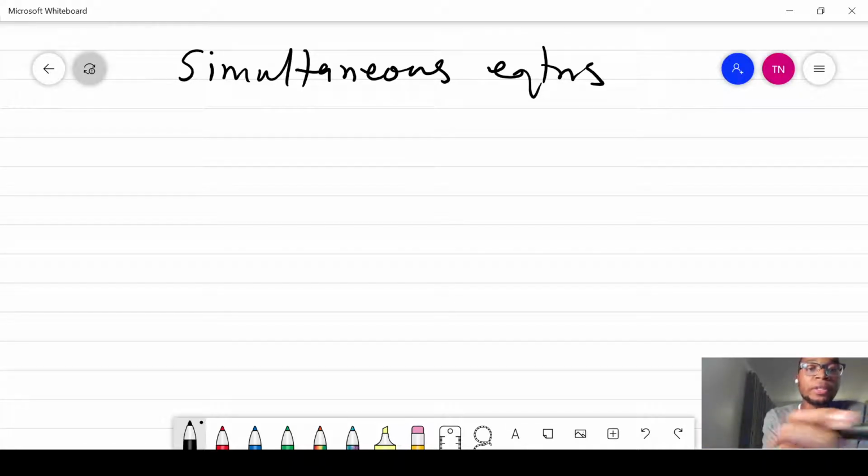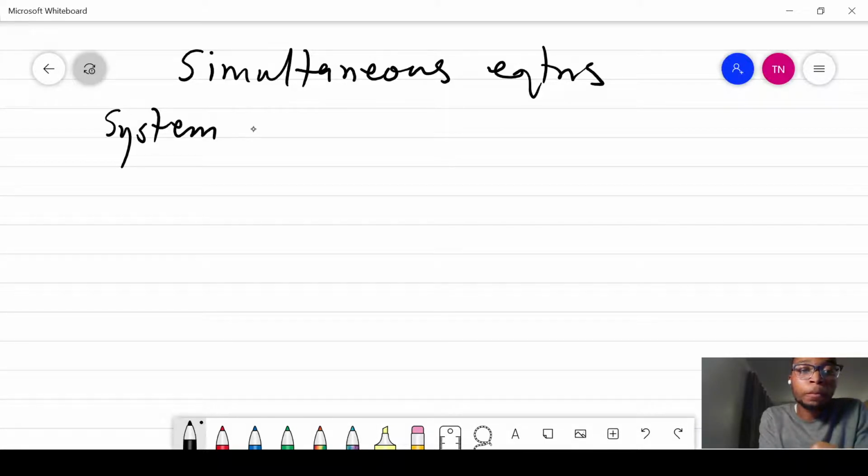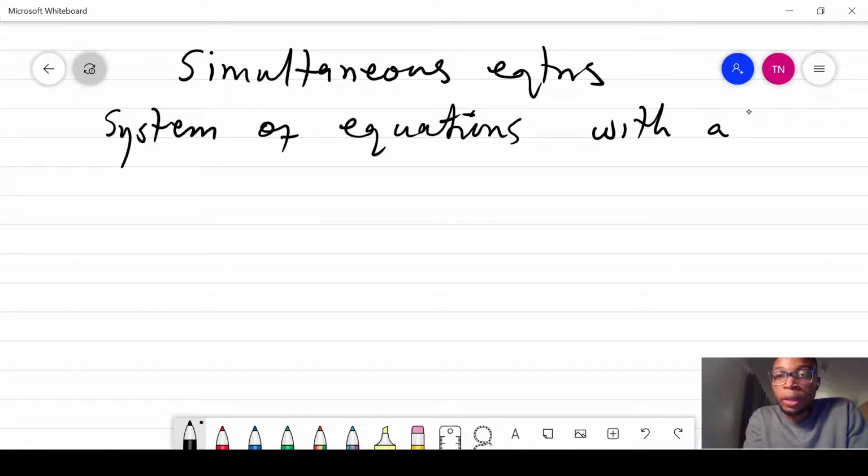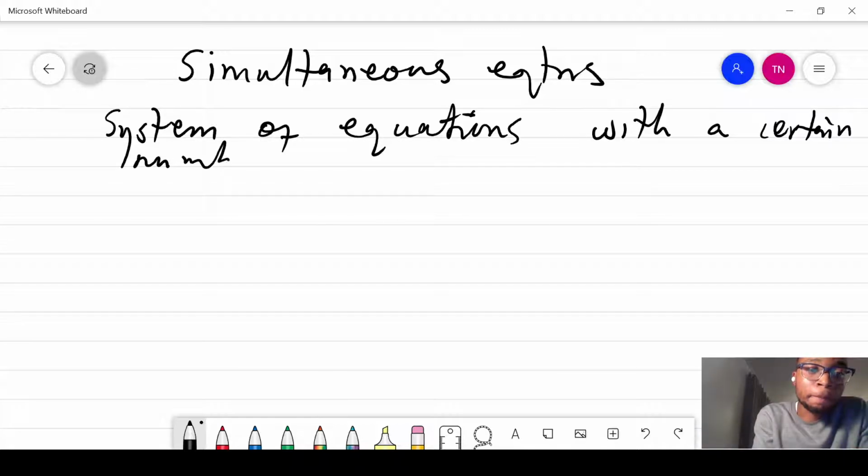Simultaneous equations are just a system of equations constrained by two variables, or rather, let's say it's just a system of equations, for your purposes, with a certain number of unknowns.